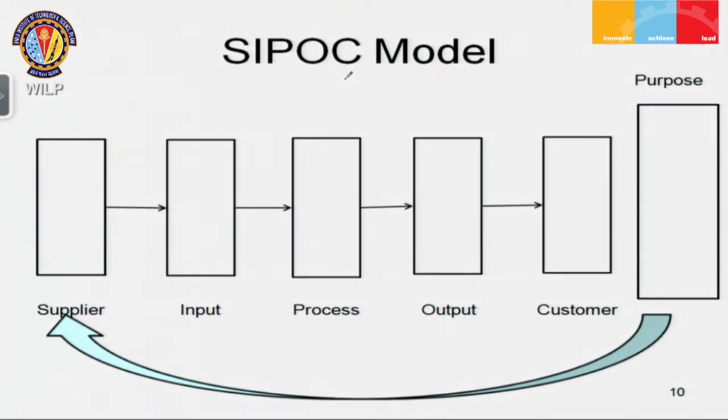Okay. A slightly simpler version of this is shown here, and this is called a SIPOC model, and it really takes the Deming flow diagram and just expresses it in a slightly simpler fashion, where we have a supplier, and the supplier provides some input, and the input then is input into the process, which is the way or the place where we make our product, and the output from this is the product or the service that we are in the business of providing, and this is then sent to the customer.